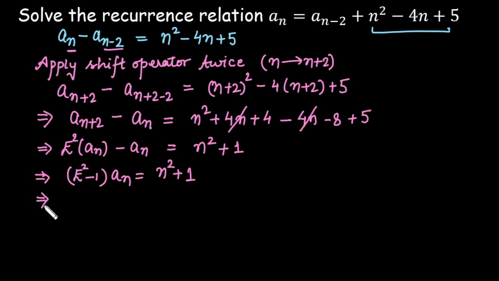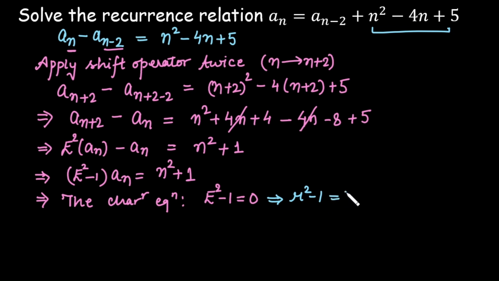From here we have the characteristic equation: E square minus 1 is equal to 0, and in the form of r we can write r square minus 1 is equal to 0. So this implies the value of r is plus minus 1.